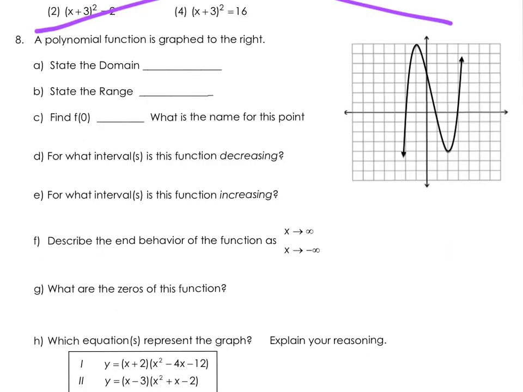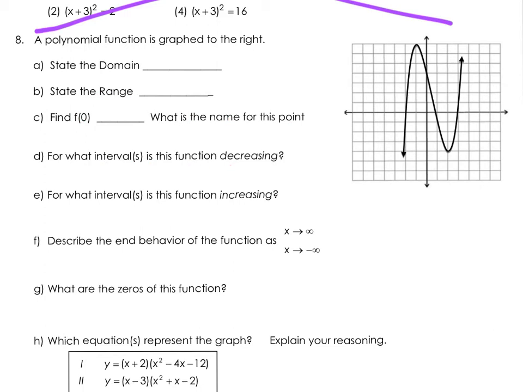For number 8 here, we have a polynomial function graph to the right. You want to state the domain. Remember, my hint to you here is domain are your x values, range are your y values. Find f of 0. So this is asking you to find a y value. So think of what that means and then explain what the name of that point is. This one asks for what intervals is the function decreasing.